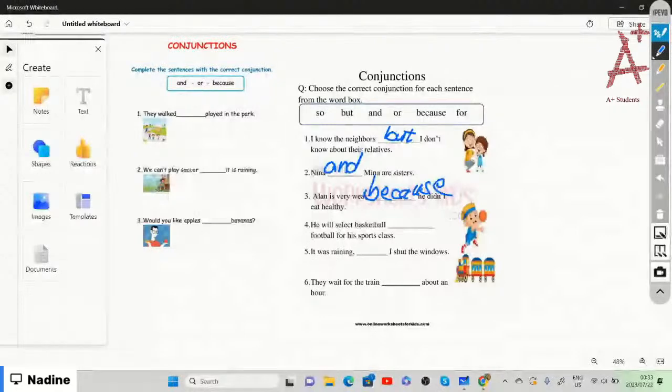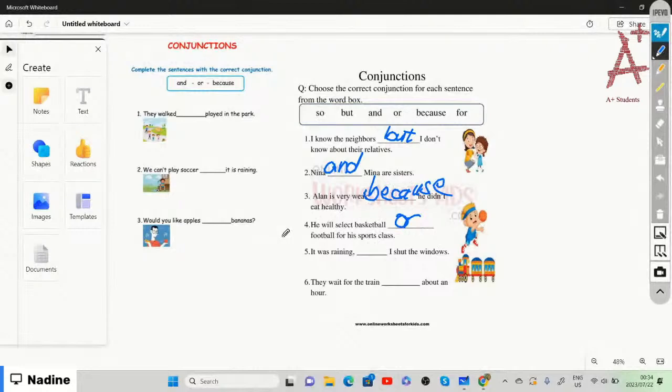He will select basketball and football for his sports classes. So this is or. He will select basketball or football for his sports class, or we can say and. He will select basketball and football for his sports class, or we can say he will select basketball or football for his sports class.